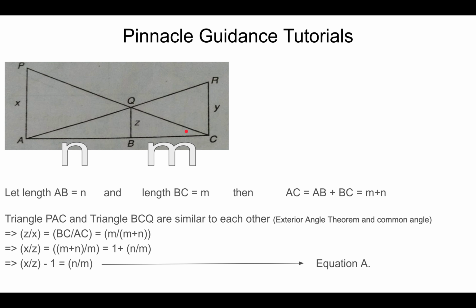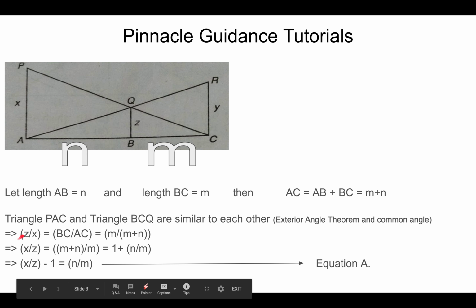Now we have to write the equation. In the smaller triangle, Z upon X is equal to the side opposite to this angle, BC upon AC.